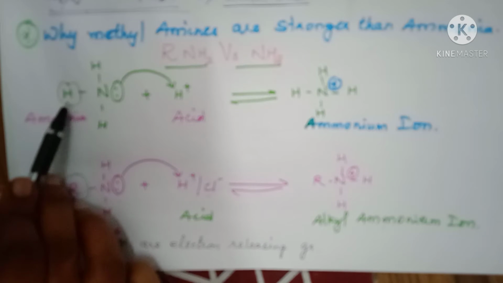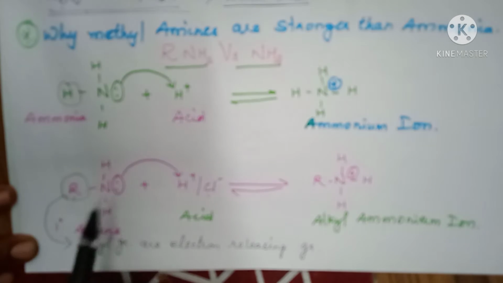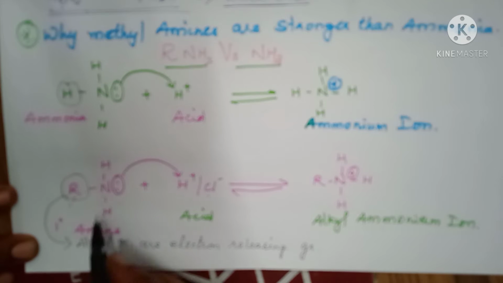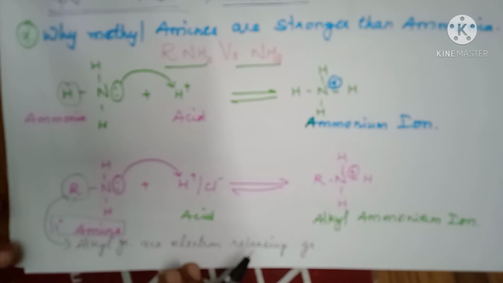Here in ammonia it is ready to donate the electrons because of the lone pair of electrons. But here the alkyl groups are pushing the electrons, and then only it gets faster. That means alkyl amine, that is a primary amine, is stronger than ammonia. I'm coming to that point only.